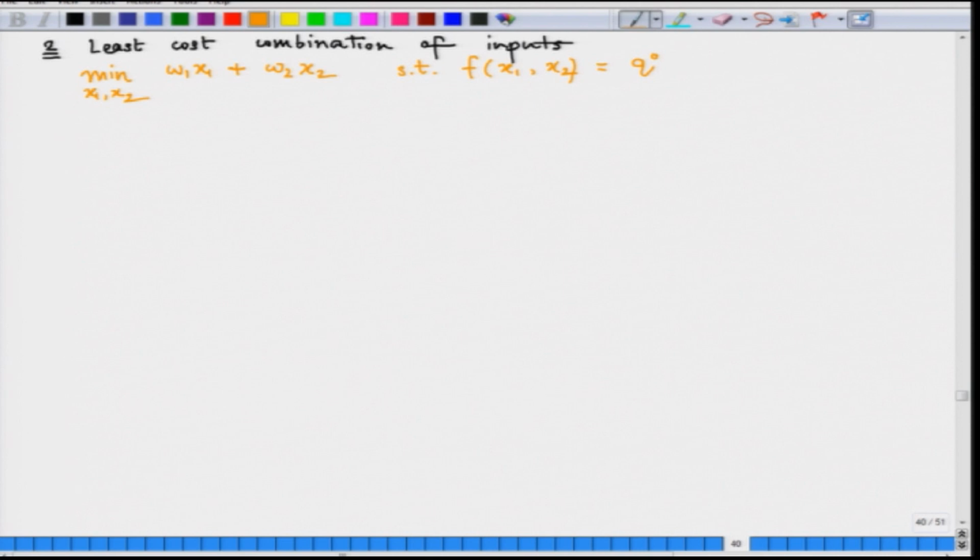So, here also we formulate the Lagrangian, and this time we assume a new Lagrange parameter mu. Soon we will see that it is different from lambda in the previous case, and hence we are differentiating with symbols here.